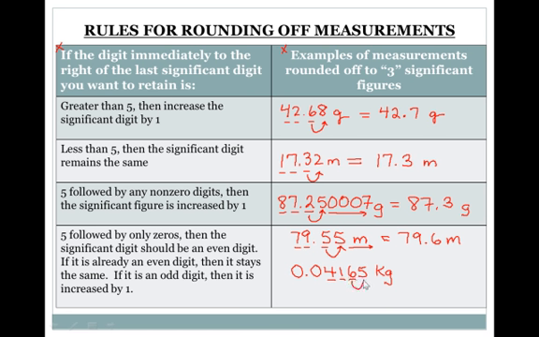Okay, we look behind and there's a 5, and there's only zeros following that 5. So this 6 is already an even digit. Since it's an even digit, we're going to leave it alone, and we're going to round the answer off to 0.0416 kilograms.